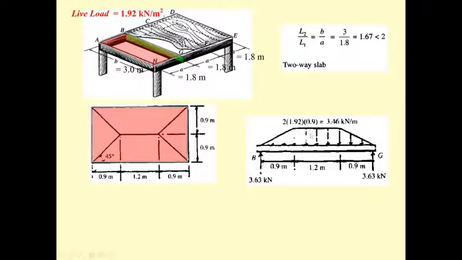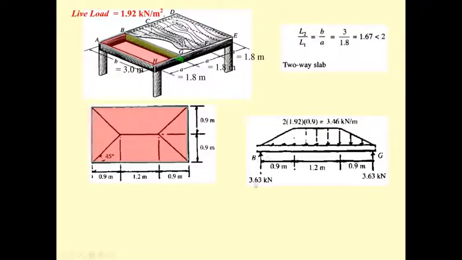So what is this? The length here is going to be divided by half. The first portion here is going to be 0.6 times 3.46, and the triangular area here is going to be 1/2 times 0.9 times 3.46.